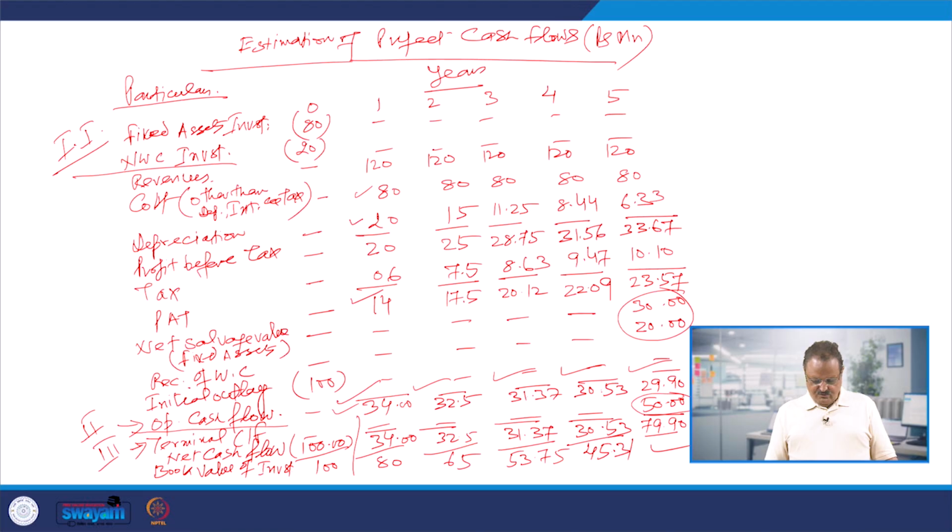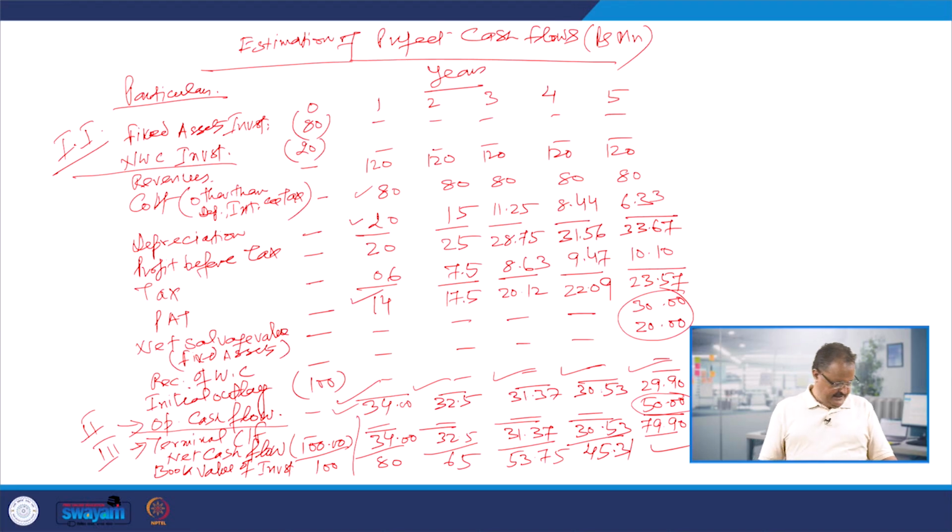We calculate the present value, sum up the present values of all inflows, and from this value subtract the cash outflow of 100 to find the NPV. If it is 0 or more than 0, then it's fine, but if it is less than 0, maybe negative, then we will have to abandon the project.